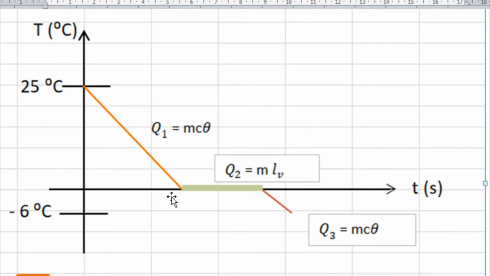For Q2, it is a green line and it is a horizontal line. It shows that the heat is released to surroundings when there is no change in temperature. And Q3, again, shows the change in temperature from 0 degrees Celsius to negative 6 degrees Celsius. For the inclined line, it shows that the heat is released to surroundings.